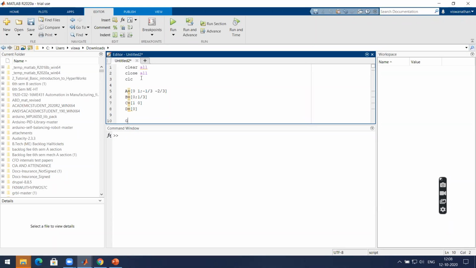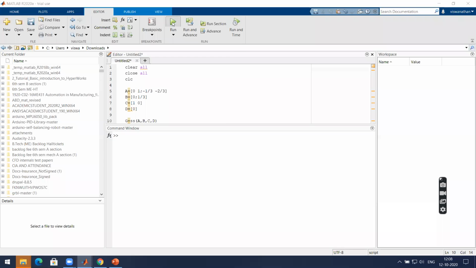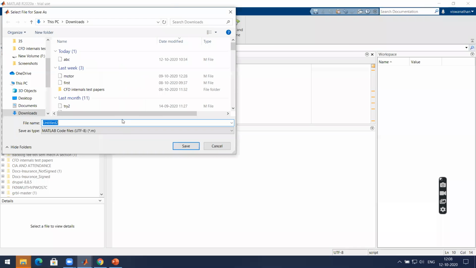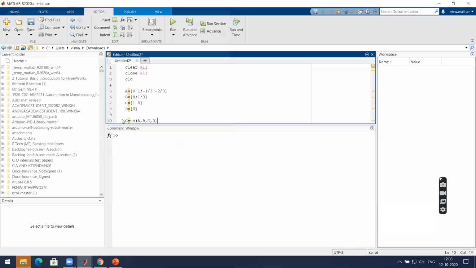Now I define G is equal to state space. SS is state space, A comma B comma C comma D. We'll run this thing.